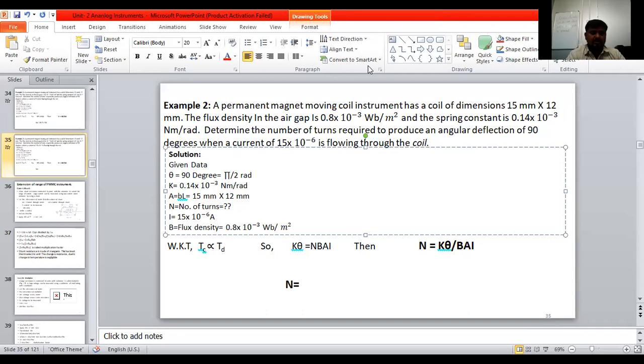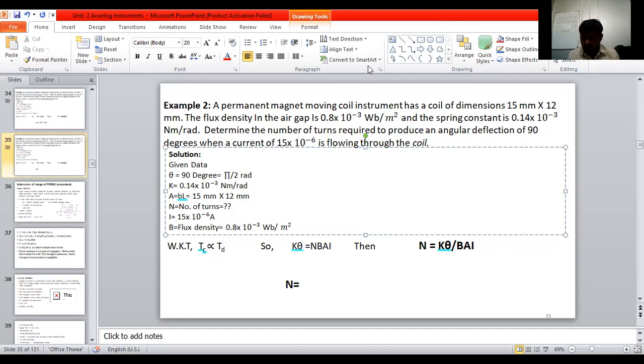Nobody was giving any answer. 0.8 into 10 raised to minus 3. How much did you get the answer then? 101.8. 101.83 into 10 raised to 6. 10 to the power of 6 will come. Yes, sir.